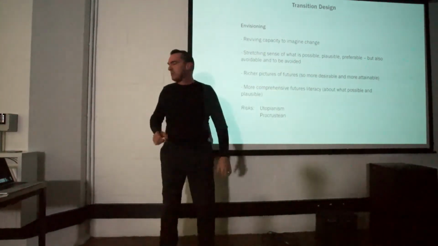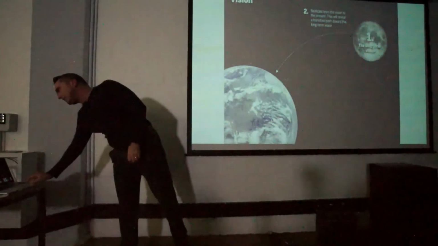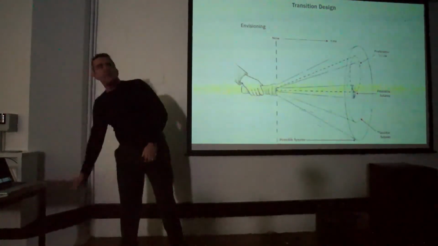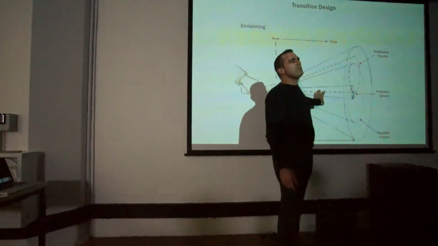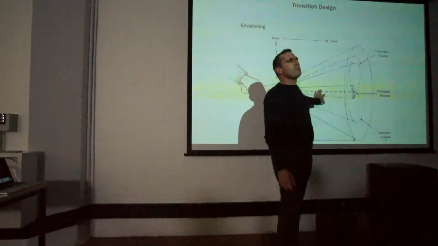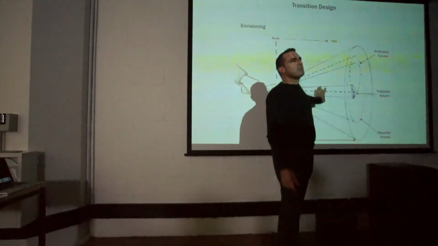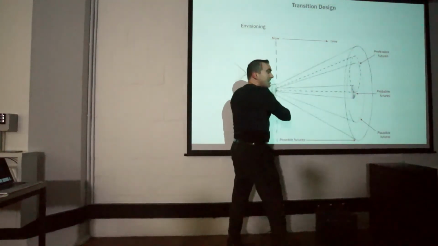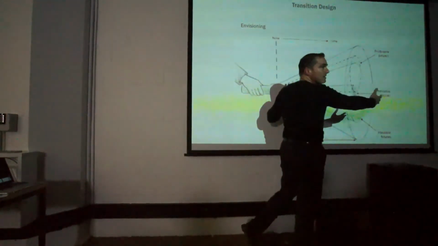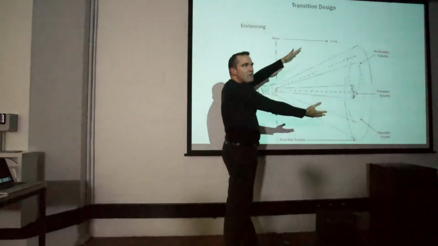So just to quickly give you an illustration, whenever anyone shows you the cone of futures, you've all seen the cone of futures before, Dunn and Raby. Whenever people show this, they never actually indicate that the problem is this very linear Western version of left to right, present, future, as kind of destined.